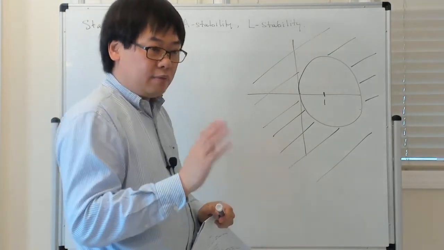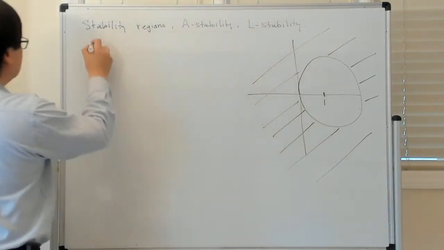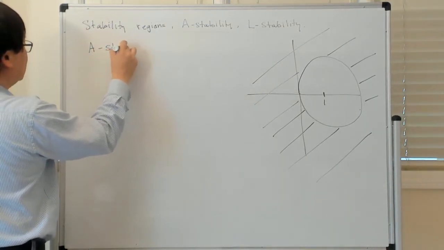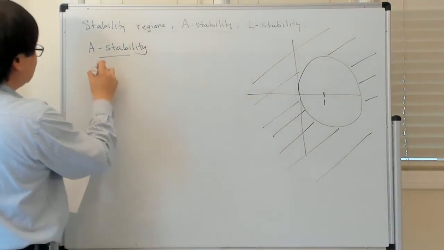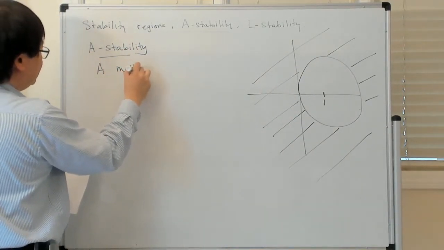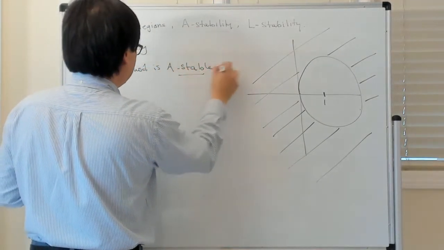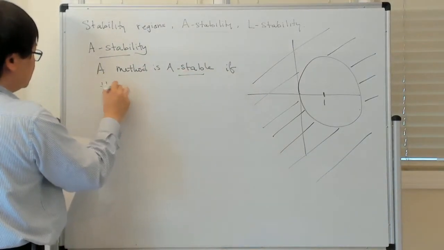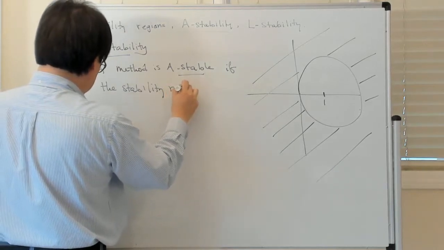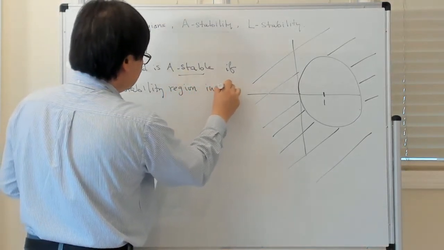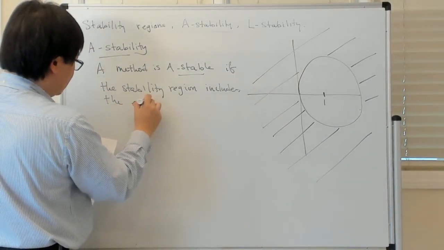So what that basically leads to is this idea of A-stability. A method is A-stable if the stability region includes the entire left half plane.